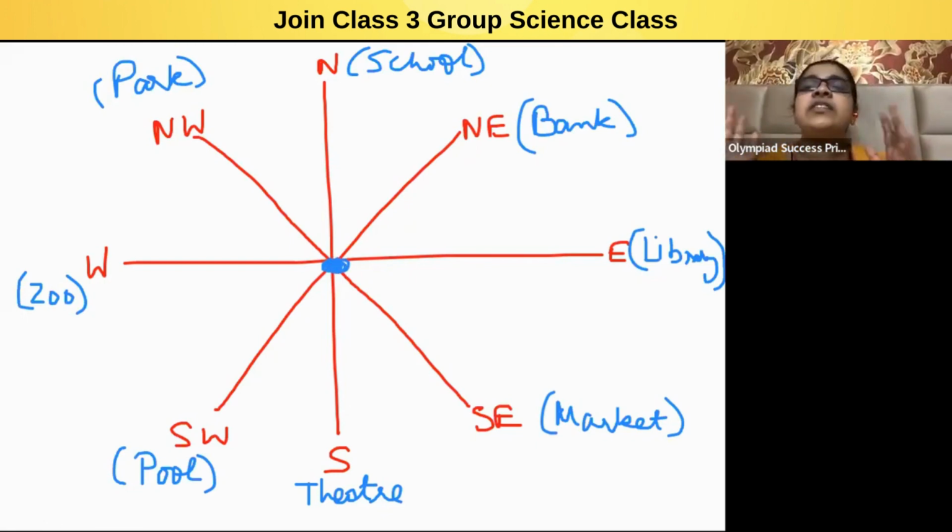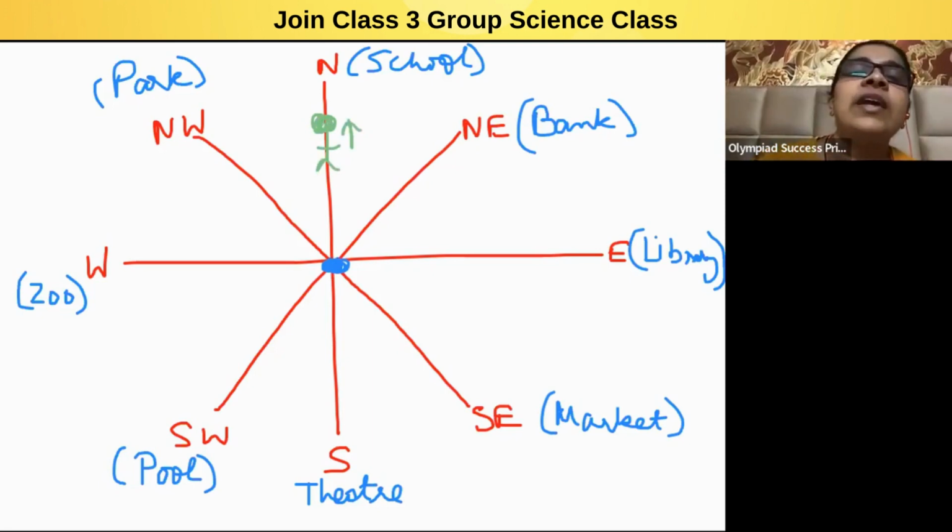Okay. Try to understand this question, guys. Do not invest your time in noting it down. First understand, then I will leave it for 2 minutes on the screen. You can note down later. Understand. There are 8 places, and let's say that you are facing towards the north, and you are taking a 1/8 turn in the clockwise direction.